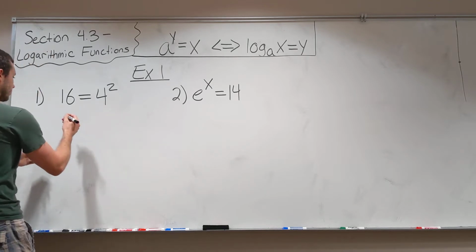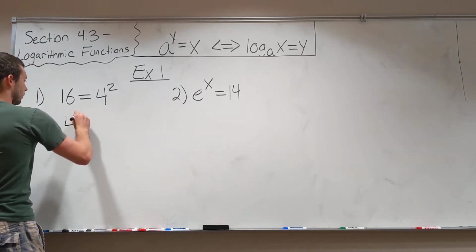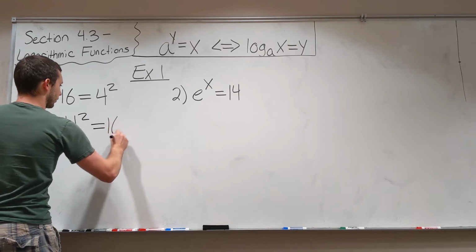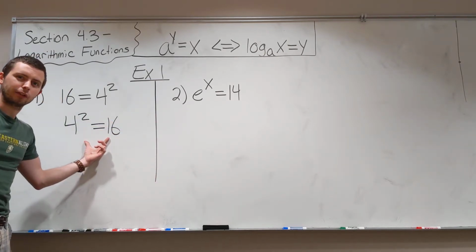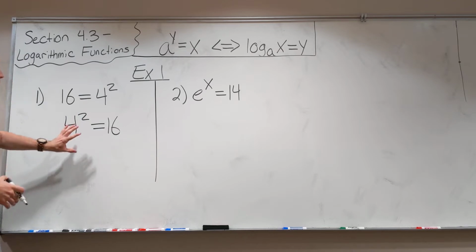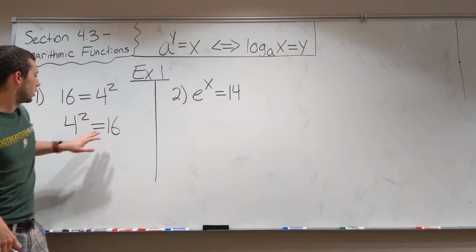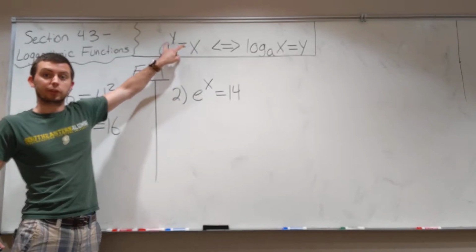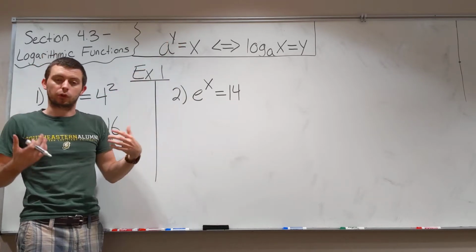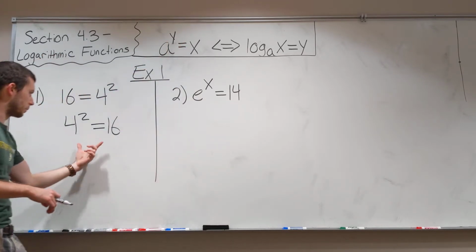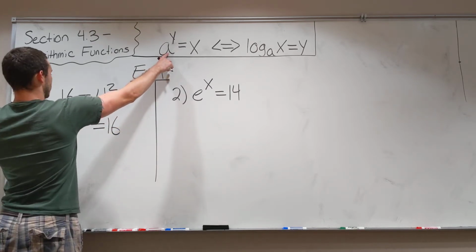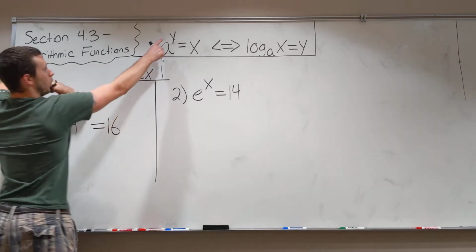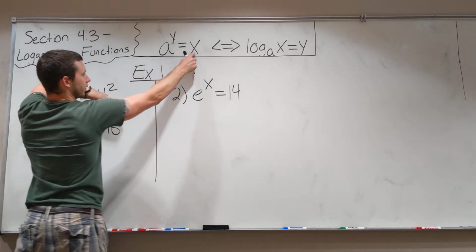And if you want to, you can simply swap the sides, because that will match up with the starting statement over here. So we haven't solved the question yet. We simply match this part up here. So now we see that 4 is a, the 2 here is y, and 16 is x.